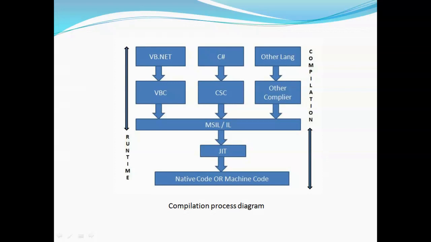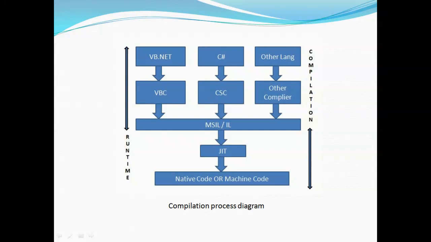For example, if you are using the C# programming language to develop an application, when you compile the application, the C# language compiler will convert your source code into intermediate language. In short, VB.NET, C#, and other language compilers generate MSIL code. MSIL code is also known as IL code.